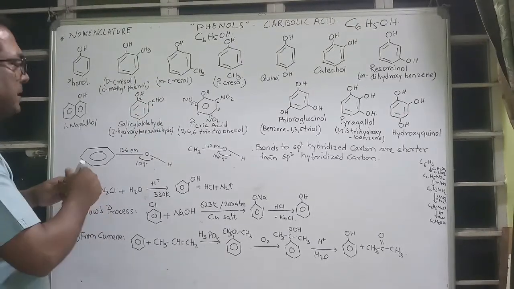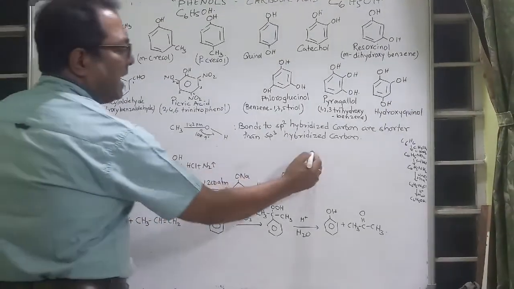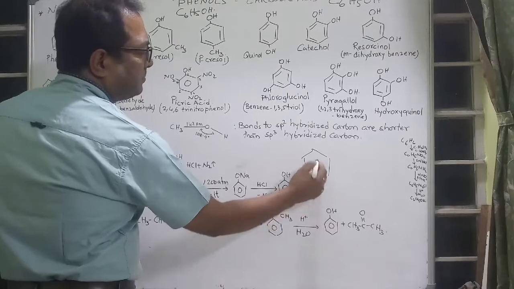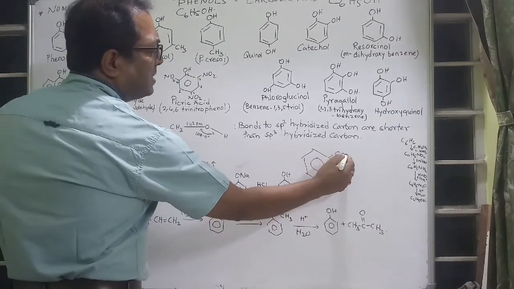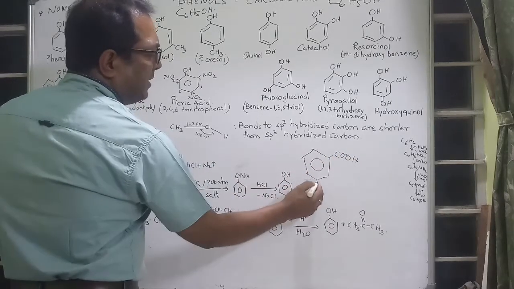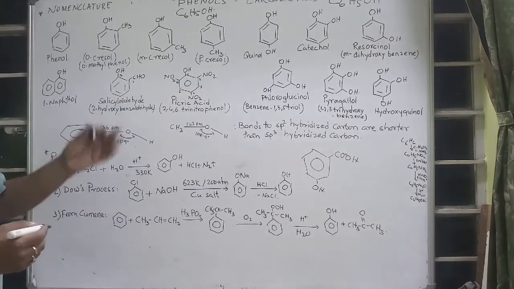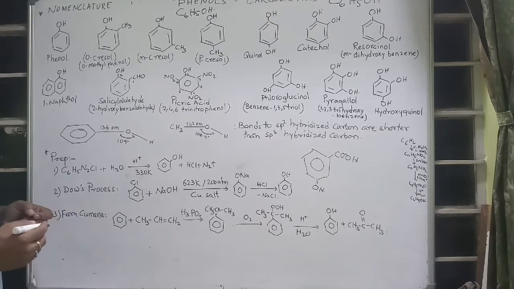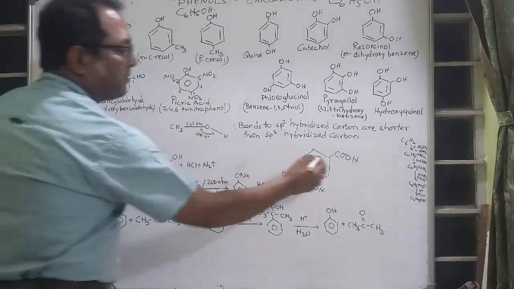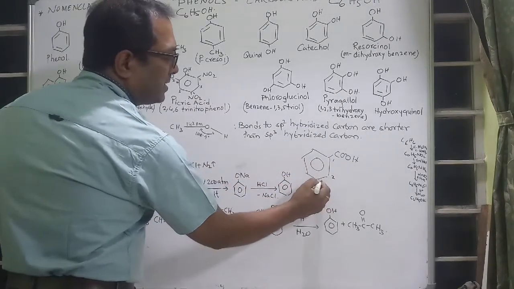If we have a benzene ring attached to COOH and there is an OH here, how can we name it in the IUPAC system? This is the first, this is the second and this is the third.